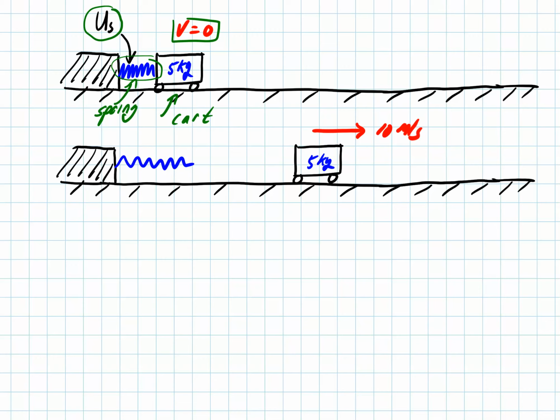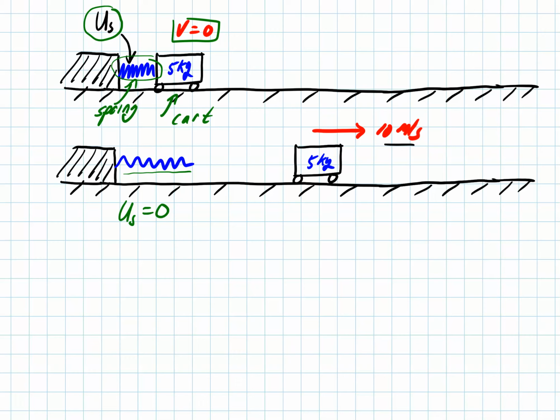Then some short time later we hear boing, and we see that the spring is back to its natural state, meaning there's no energy in the spring. And now the cart is moving at 10 meters per second.